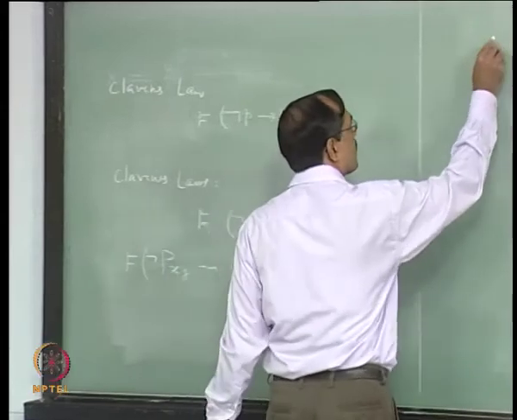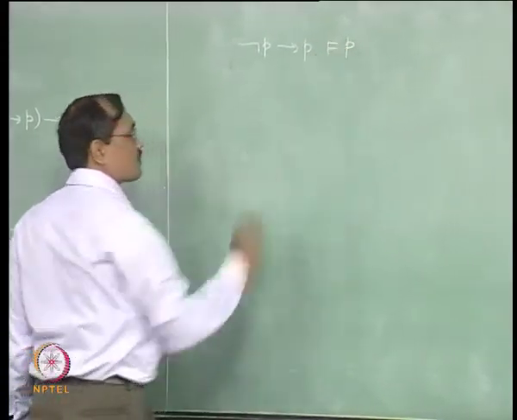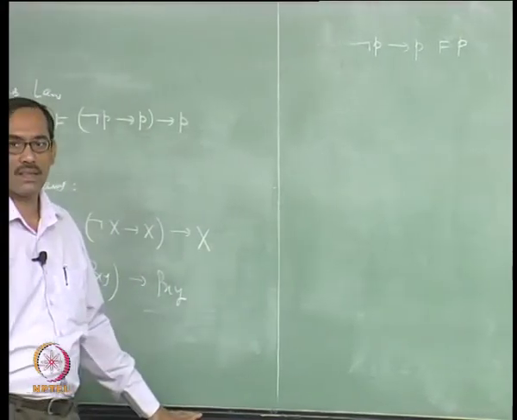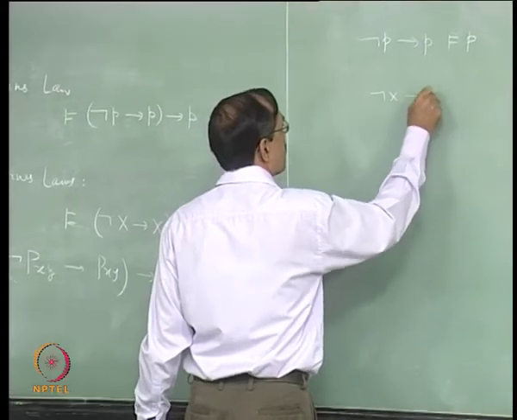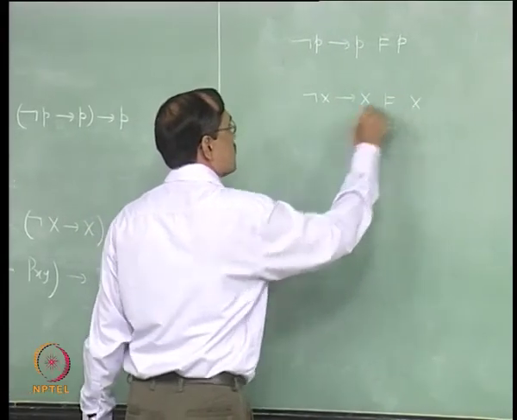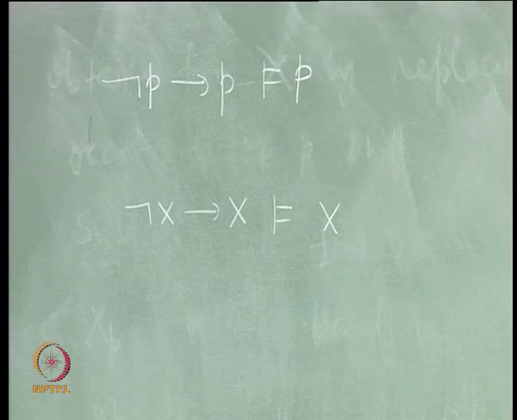You can take it as a consequence, fine. Now also it will come as not X implies X and also X, but then you have used the deduction theorem. This part is easy because of modus ponens.